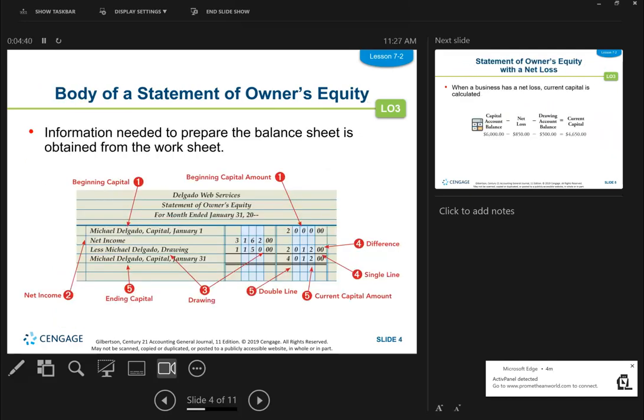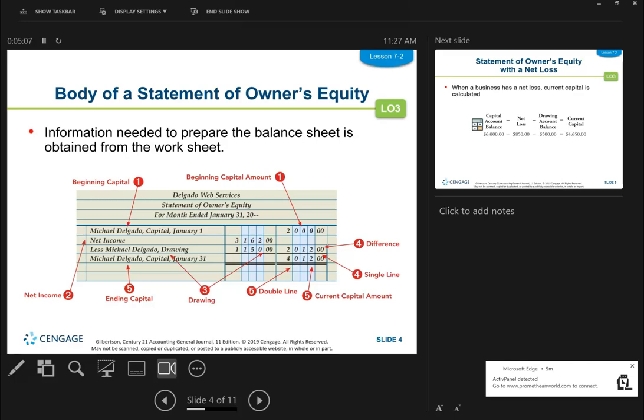And then we have the drawing, the money that's come out. So we have the capital, how much we had to start; the net income, how much went in; and the drawing, how much the owner has pulled from the till.